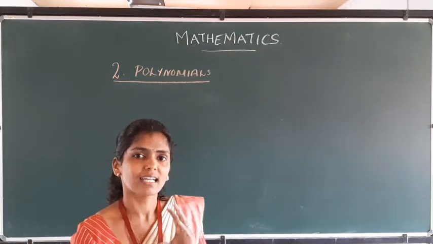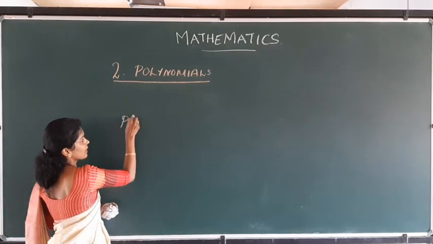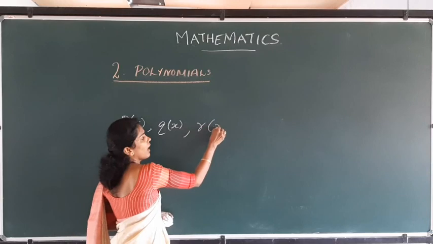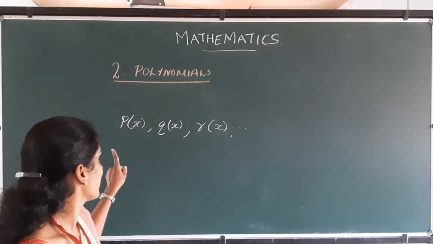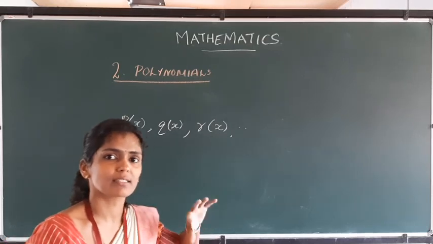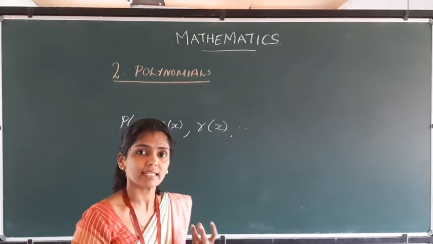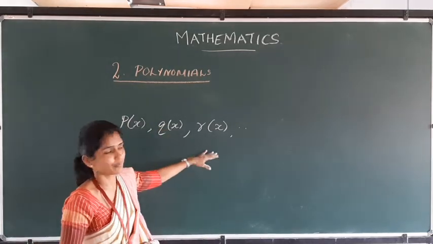We represent the polynomials as P of x, Q of x, R of x like that. We denote them by P of x, Q of x, R of x, or P of y, Q of y, F of y. Like that, we represent the polynomials in this form.